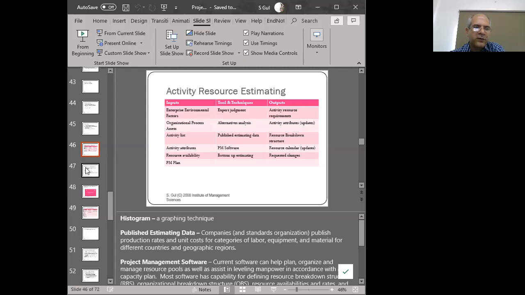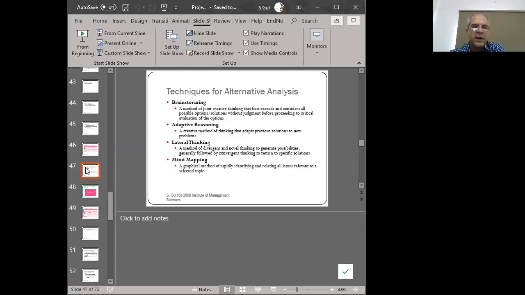So if you are using the WBS, then you are doing something called bottom-up estimation. It's also technically called rolling up the WBS. You open it up like a scroll, and then you estimate at the lowest level, and you scroll it back up and roll it up. So that's why it's called rolling up the WBS.